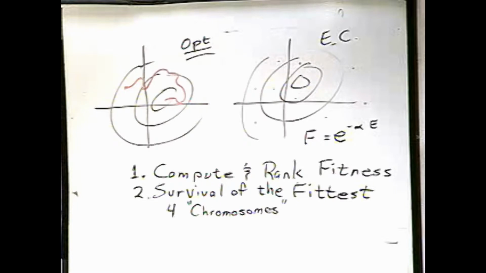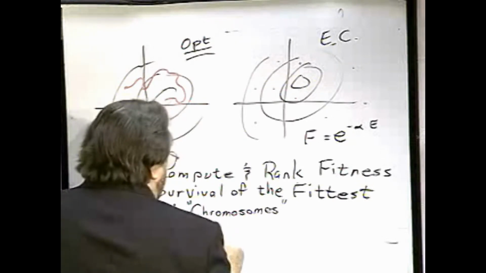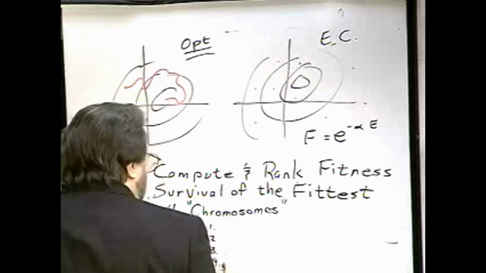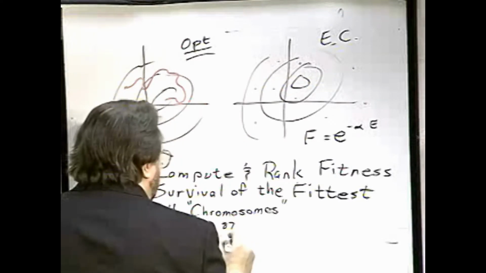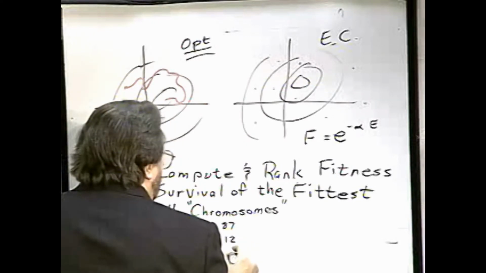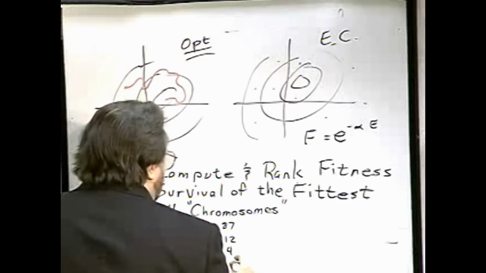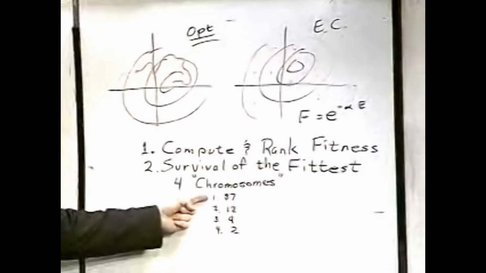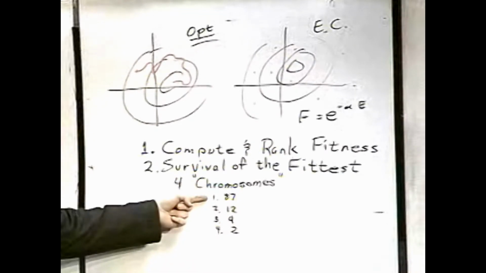So suppose that we had 4 chromosomes, and the fitness of these 4 chromosomes was the following: 87, 12, 4, and 2. Clearly this one really has a nice fitness associated with it.